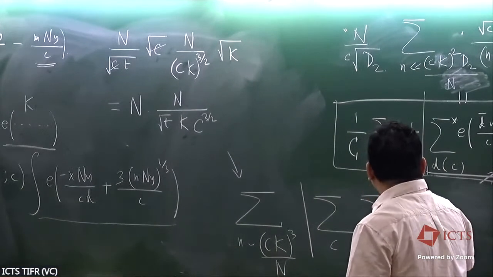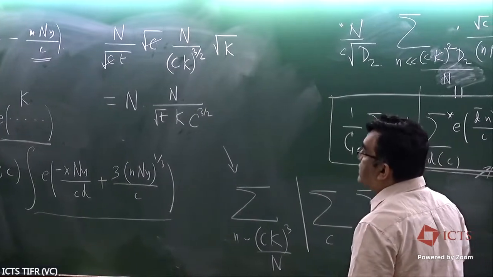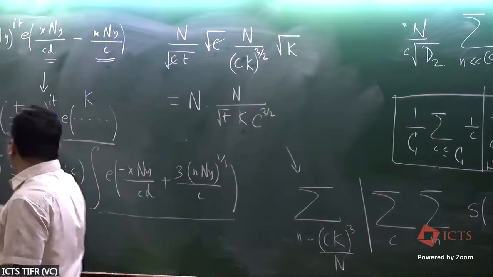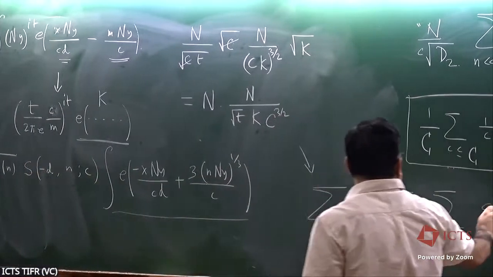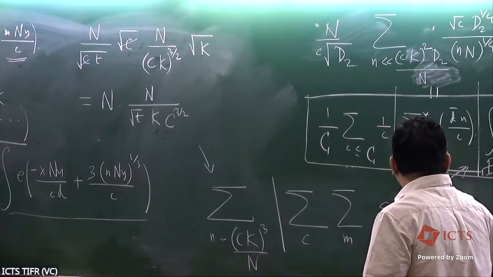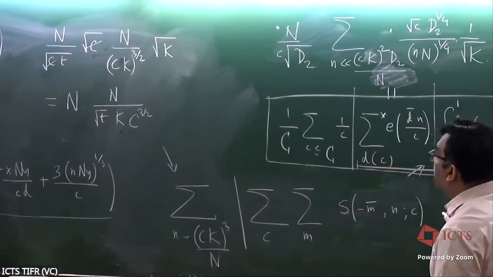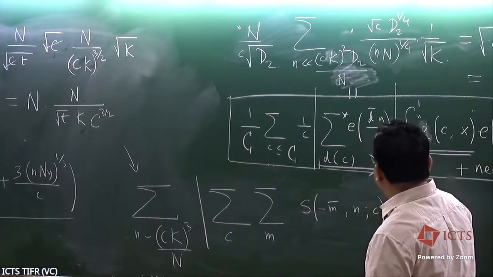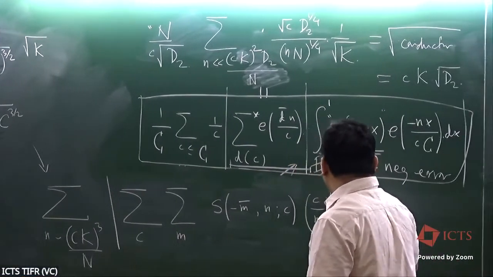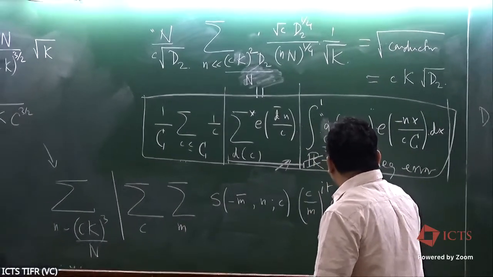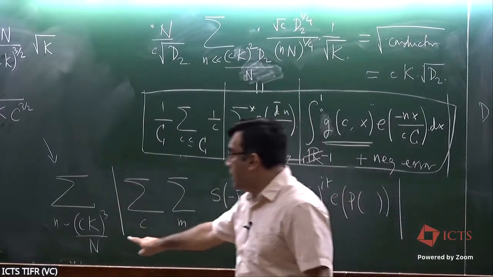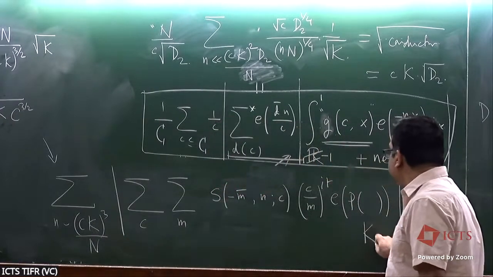And then I have here S of minus D, but D is congruent to M bar, so that is minus M bar N C. And then I have my C by M to the power IT, but it does not depend on N. And then there is a phase function which depends upon N, but it's oscillating like K.